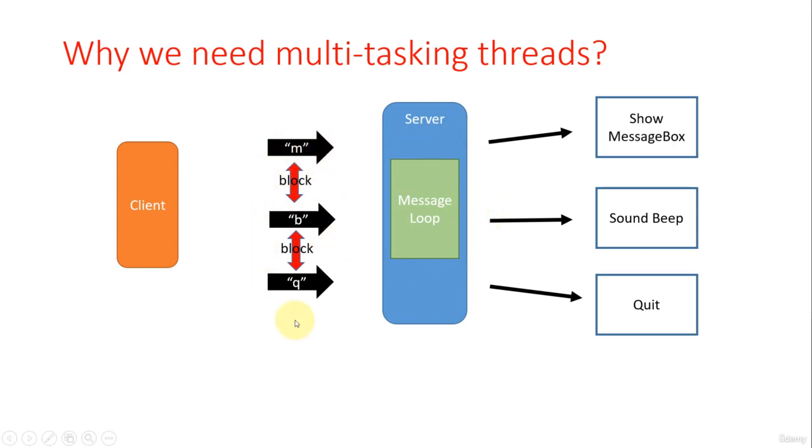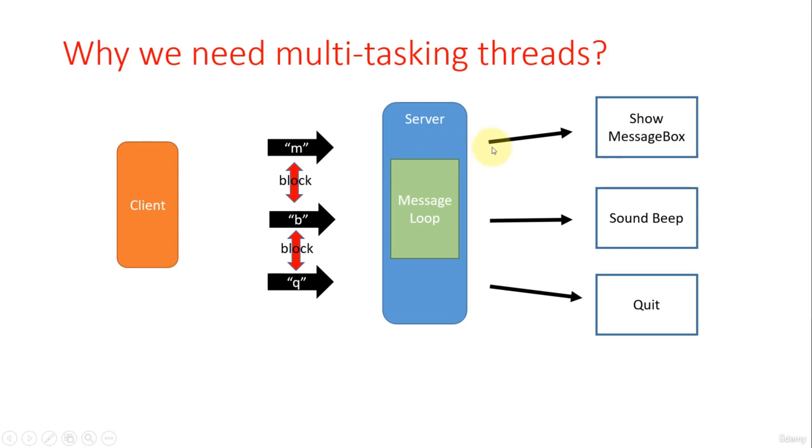The problem with this design is that while the server is processing the first message, if the client were to send a second message, it will be held in the queue. It will not be processed immediately.